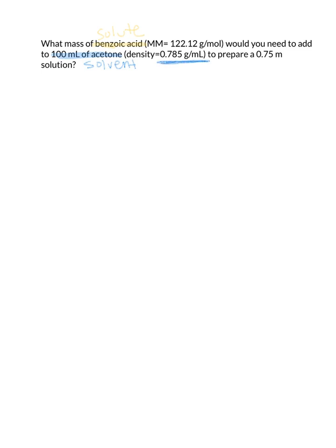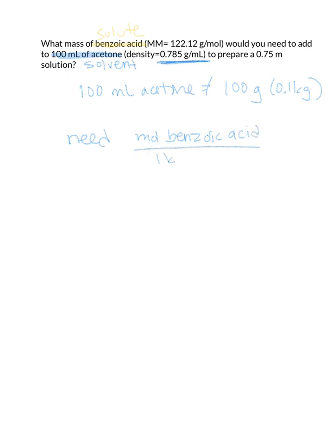So 100 milliliters of acetone just isn't 100 grams or 0.1 kilograms. That's important because this time we need the moles of solute benzoic acid per kilogram of acetone. So we need to get that figured out for ourselves.